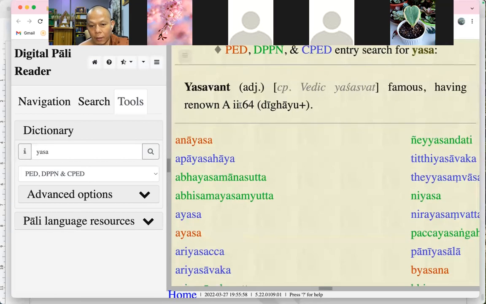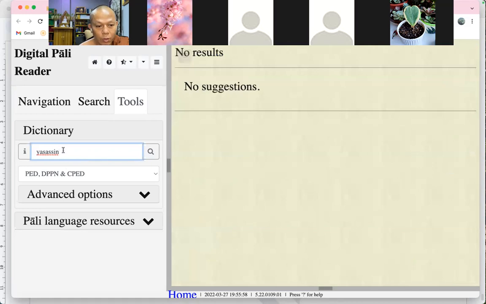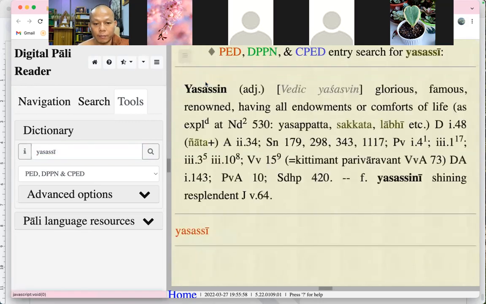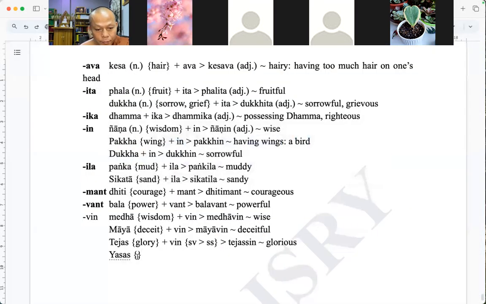And then yasasvin or yasasi, we actually have also, but not now. Maybe yasasi, yasasin. So maybe glorious or famous. So in this way, instead of illustrious, yasasvin, fame also.